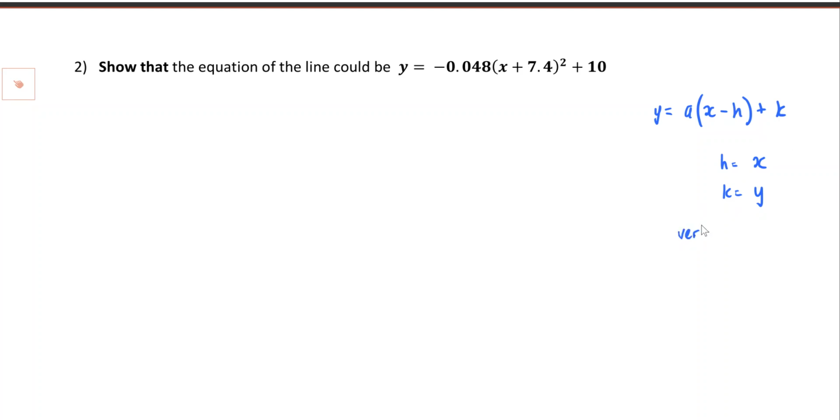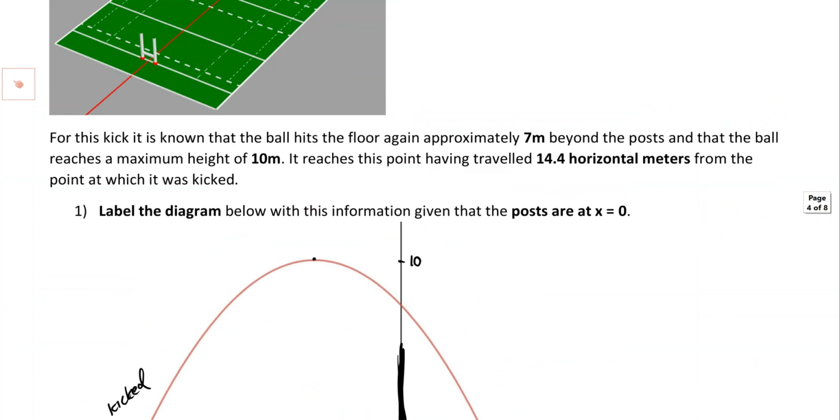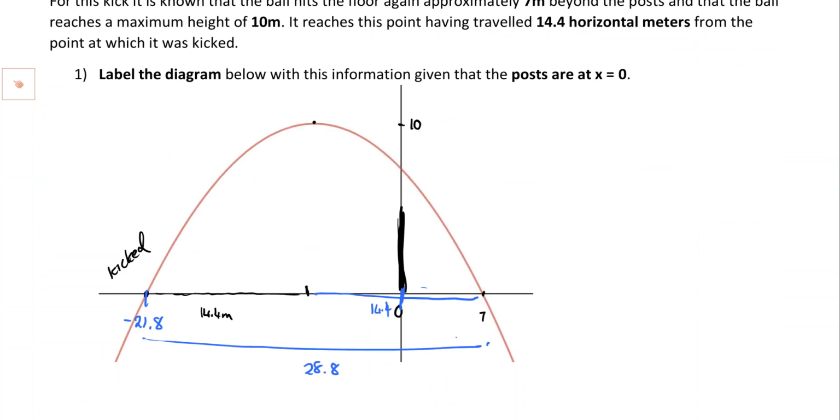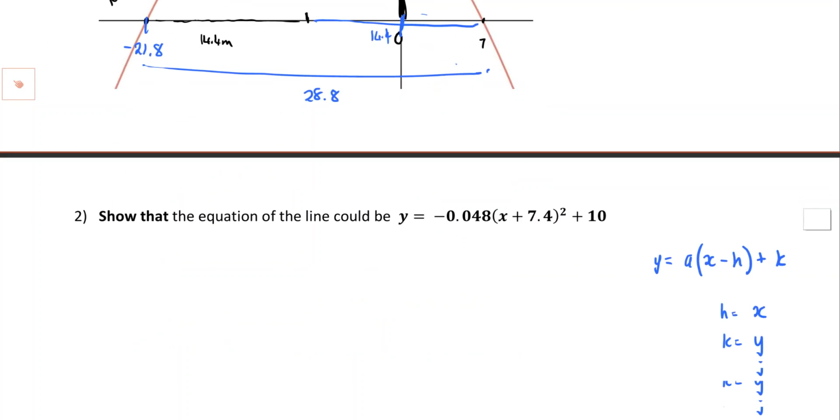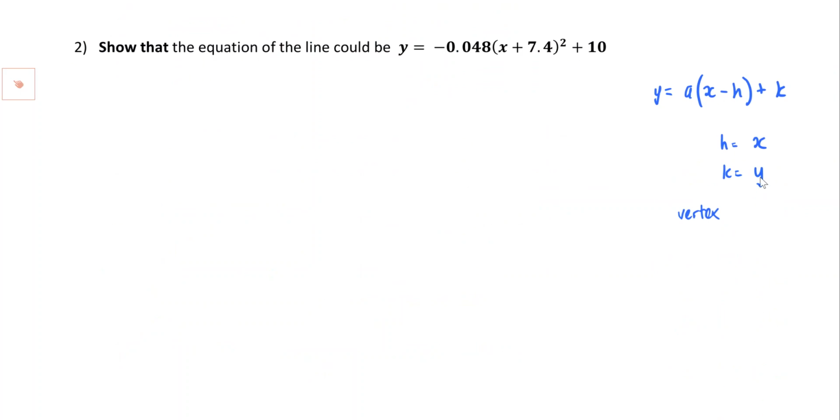And the vertex is then at, well, where is it? So really, I should be seeing somewhere some calculations of that. So where is the vertex? Well, I've been given that the y value is 10, but what about the x? And how do I show that though? Yeah, but how do I show it?